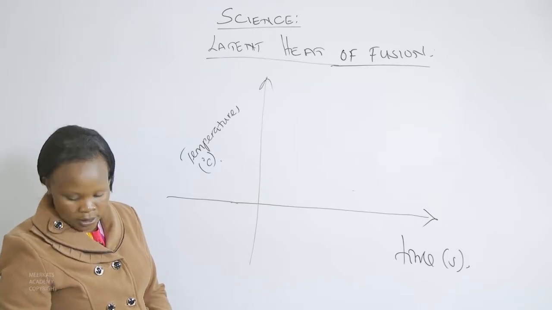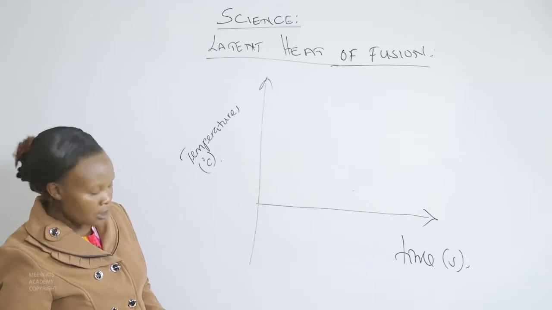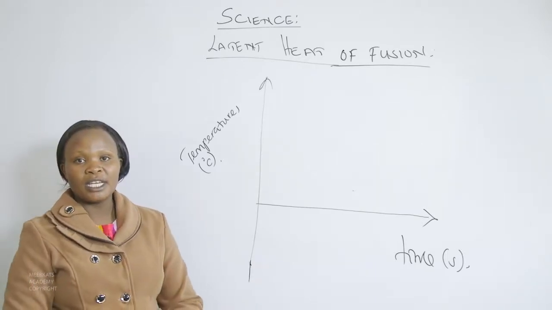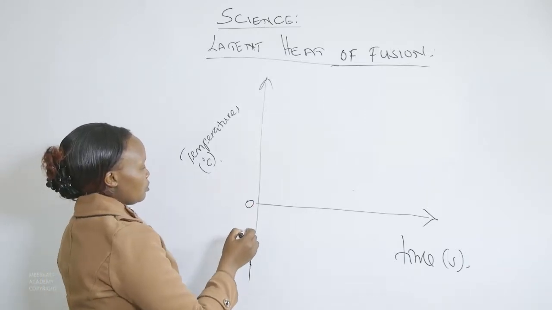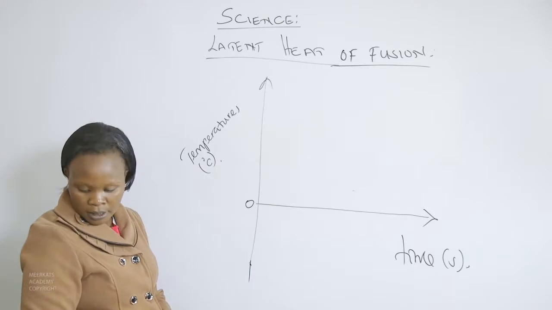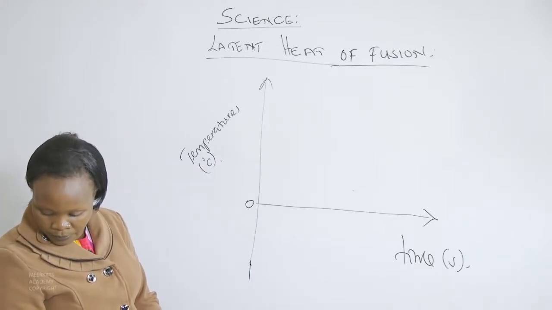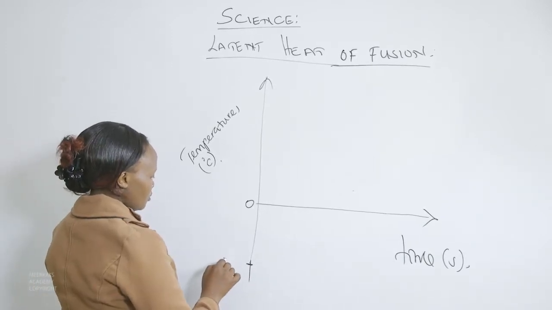a solid, for example ice, from some negative temperature through the melting point to some temperature above the melting point. Let us start from -10, for example.